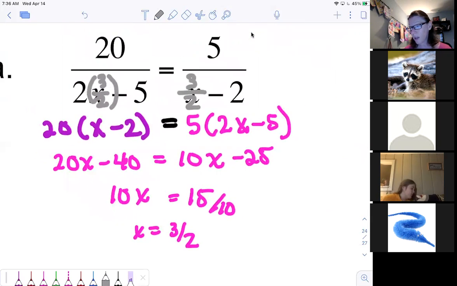So make sure you plug that number back into your original problem and check that it does not make any denominator 0. And if I plug in 3 halves, 2 times 3 halves is 3, minus 5 is negative 2. On the other side, 3 halves minus 2 is negative 1 half. So it's not making the denominator 0. It is a solution that checks out.